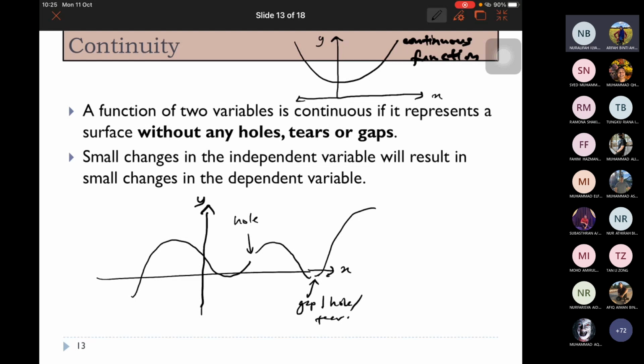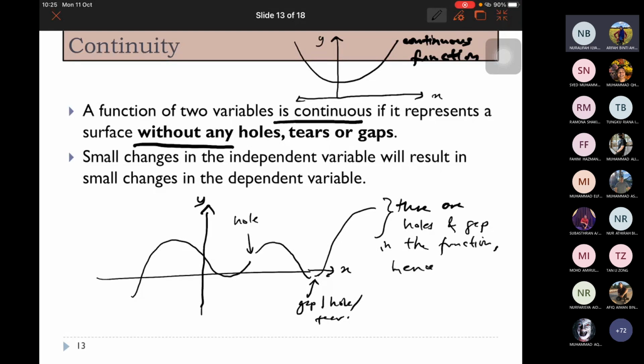So kalau macam ni, there are holes and gaps in the function. Hence, the function is not continuous.